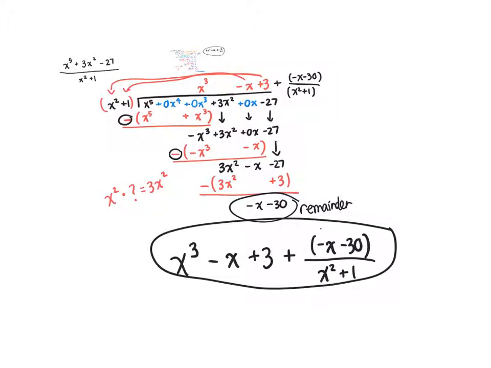Okay, so that is how you divide a polynomial by another polynomial, and if that polynomial in the denominator has an exponent.